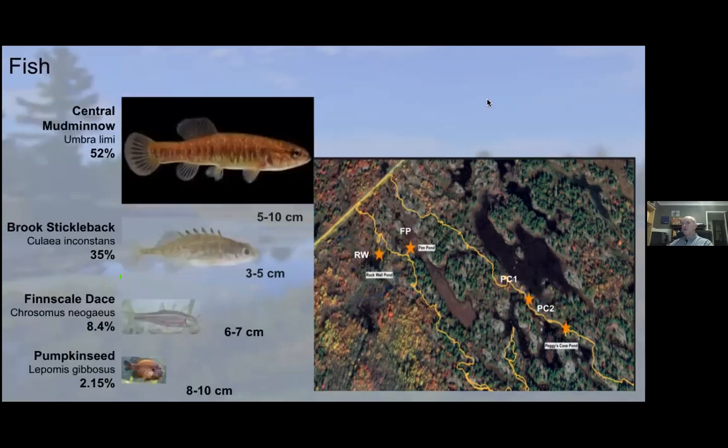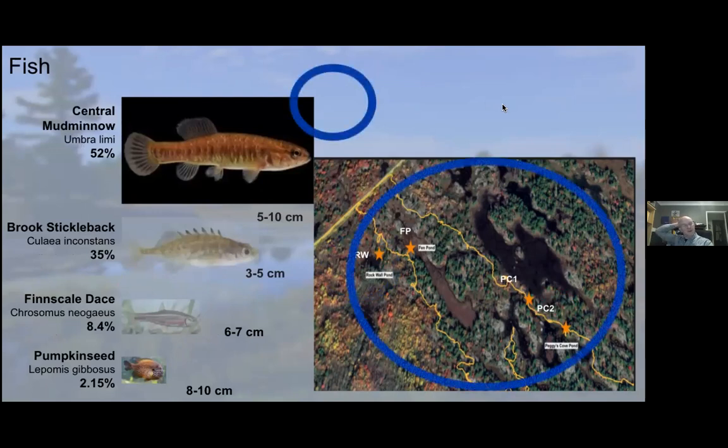We did find fish in all our ponds, and our number one position here is the central mudminnow. The lifespan for most of these fish is between 3 and 7 years, and the mudminnow can survive in low oxygen environments. And we know that some of these ponds almost dry out completely in the summer, so that's not a very big surprise. And most of these fish can actually tolerate very warm water.